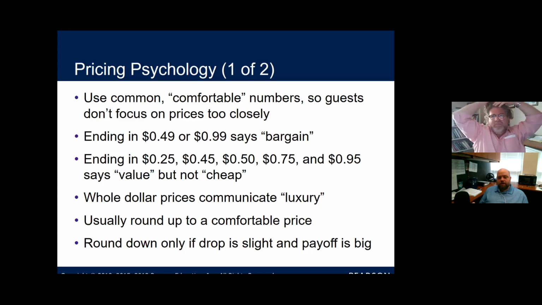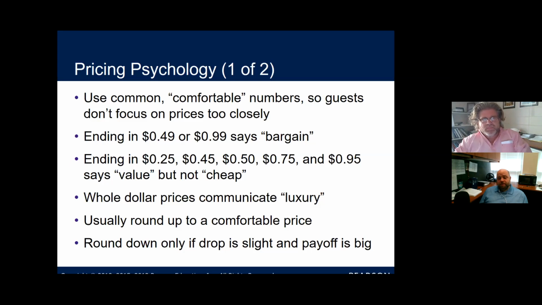And it's all based on the price. If I go to a restaurant and they just have straight up dollars, there's no cents on it, I know that they're at a certain level compared to one that's doing like $9.50. Makes sense? Yeah, because the whole dollar communicates the luxury.